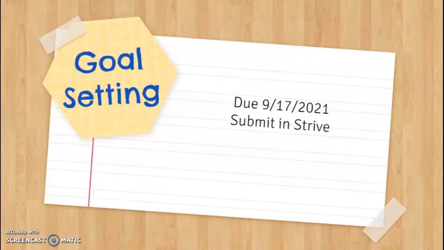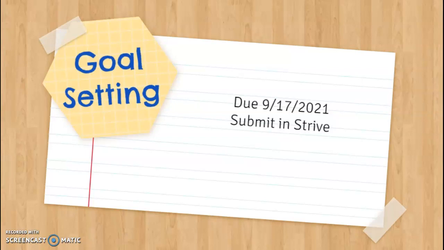So for goal setting, your goals are due in Strive by next Friday. There will be 2 places and 2 goals that you will create. You will create 1 goal for your own personal and professional development.